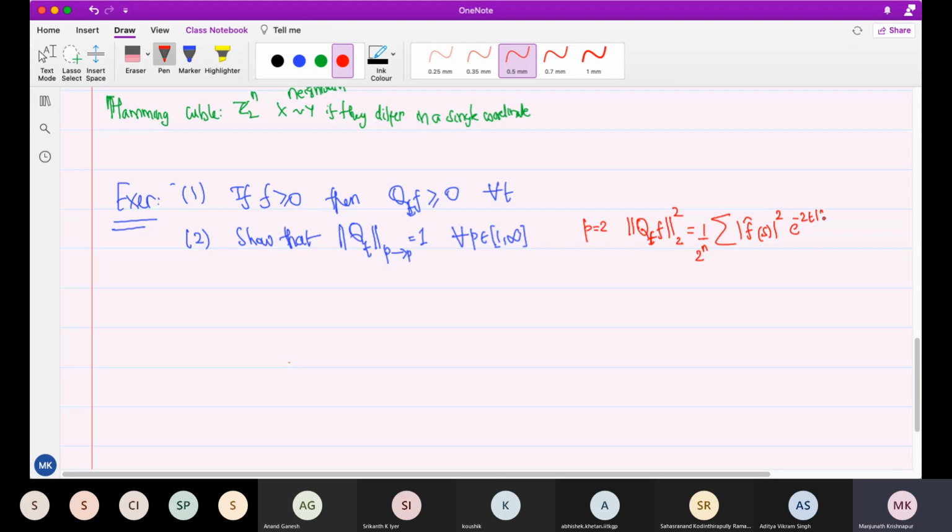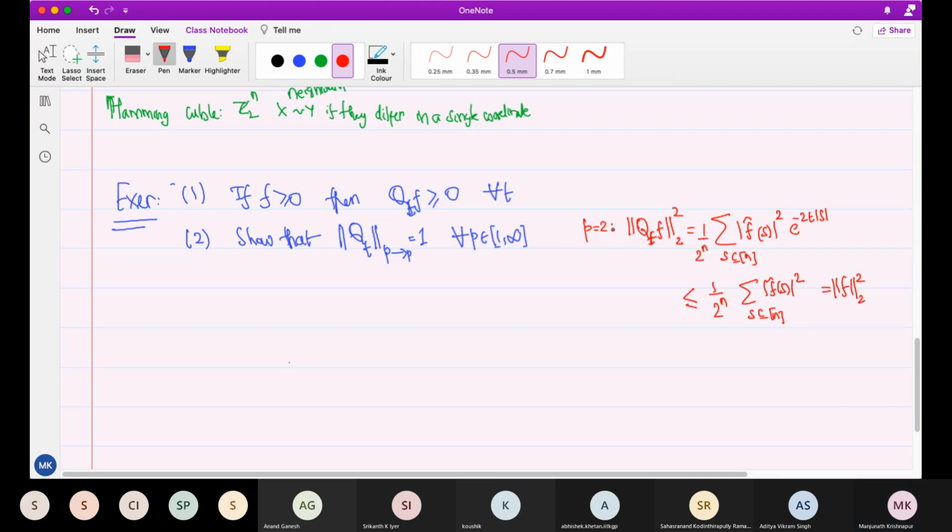Now this is always less than or equal to 1, so this is at most 1 by 2 to the n times the sum of f hat of s squared, which is the L2 norm squared of f.